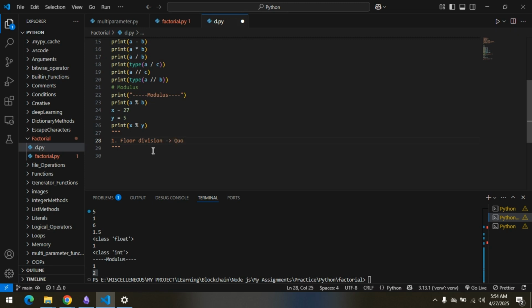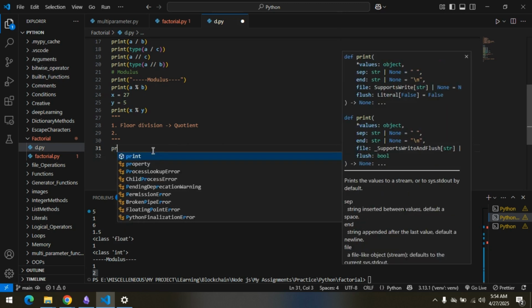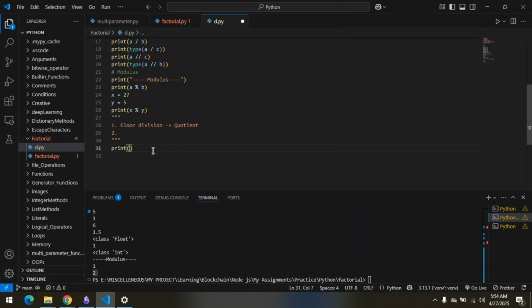step one, use the floor division to get the quotient. Let's do it over here. Sorry, print x floor division y.